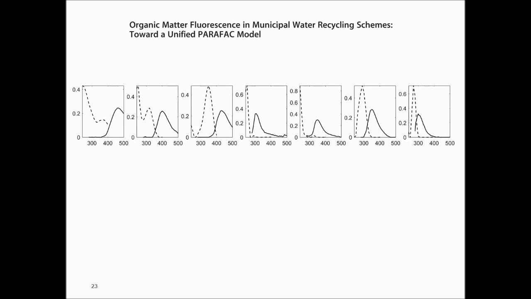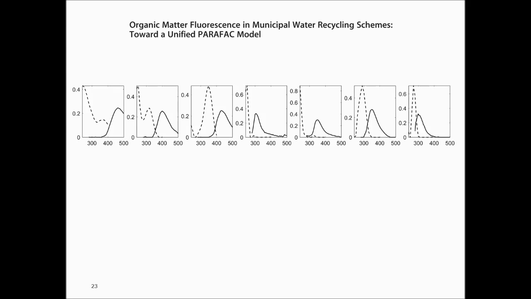Kate Murphy, in her study, found that nope, that's not necessarily the truth. She found for Australian water recycling plants that she can come up with a global 7-component PARAFAC model that you can see here that comprehensively describes the organic matter fluorescence of all of them. In this study, she only found that there's only a few components that don't sufficiently overlap.